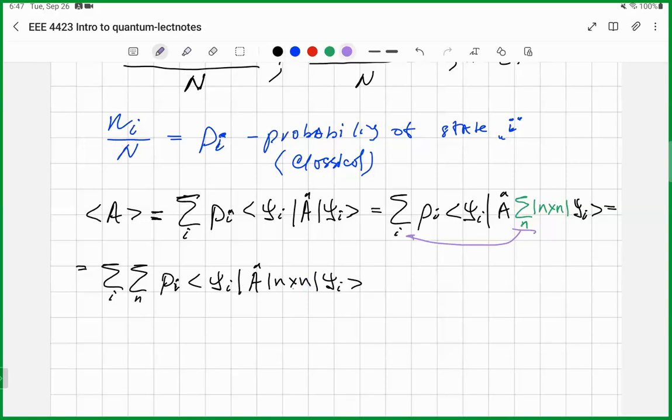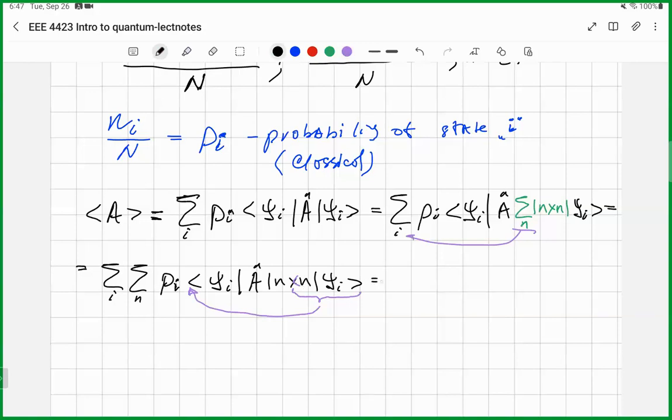Now I can rewrite this in the following way. First of all, I notice that this ⟨n|ψ_i⟩, ket n bra i, is a scalar, and I of course can take this scalar and move it around as I want. So I can rewrite it in the first place here.